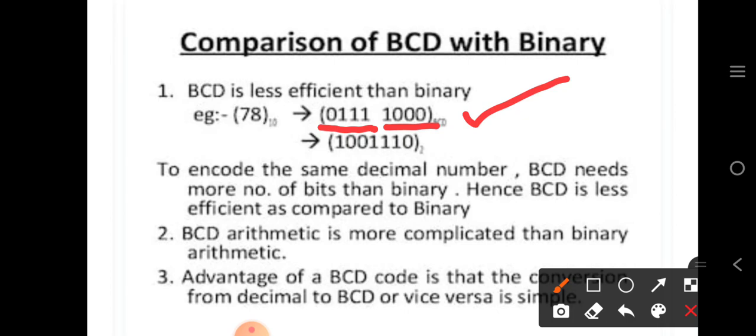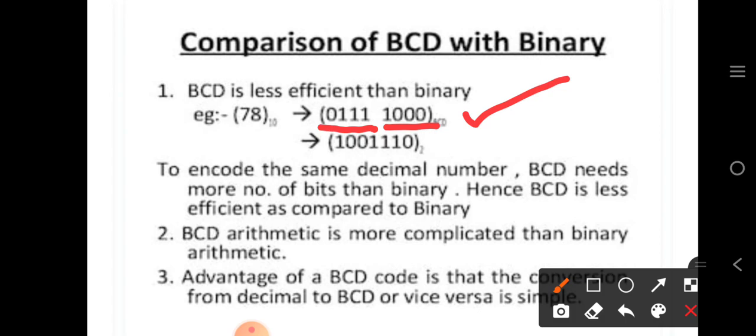But there is another technique. We know 8421, so similarly if we go to the left-hand side, before the 8 we get 16, before that 32, before that 64, which means we double each number.